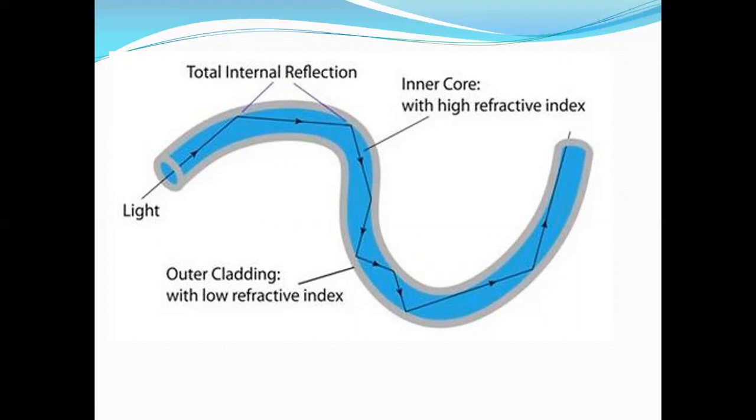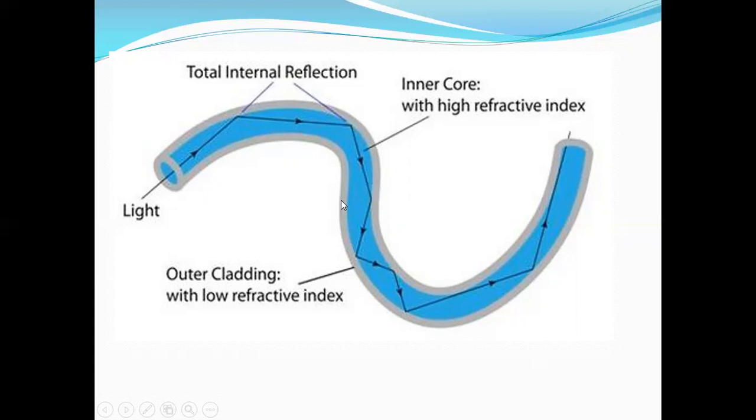It can bend easily, and when light enters from this side, it reflects back inside the optical fiber like this and obeys total internal reflection over here. The path of the ray of light, you see, is reflected internally and comes out from this side.